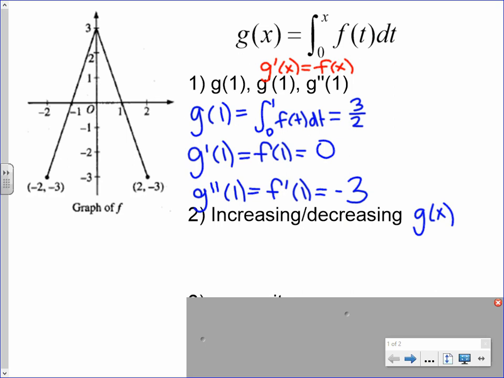If I want to know where g is increasing or decreasing, I would like to look at the derivative. Where's the derivative? f is the derivative, right? The graph of f is the graph of g prime. So, where are we increasing and decreasing? Tell your neighbor.